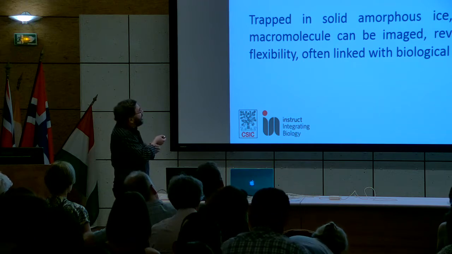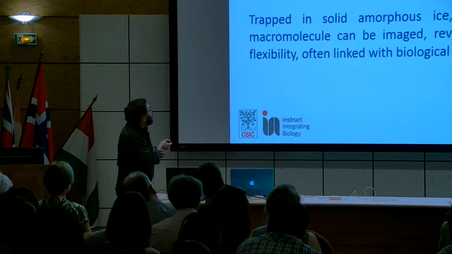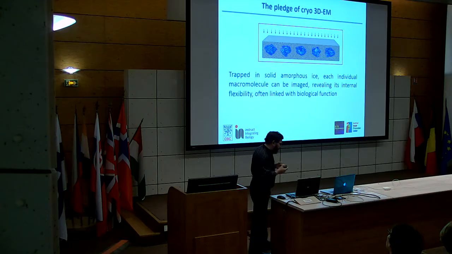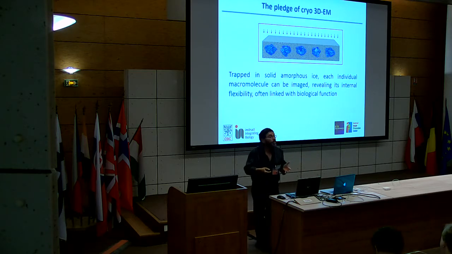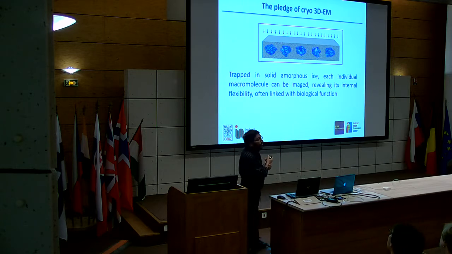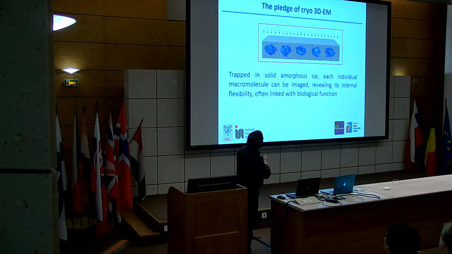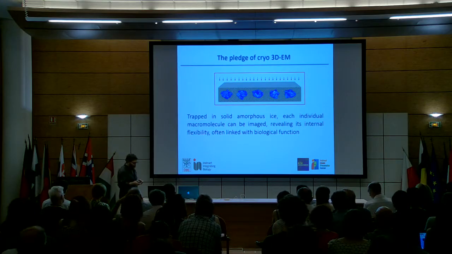So they are, in principle, in unknown relative orientation one to the other. And of course, since we are imaging each one of them, and EM is a technique in which we can really see each of the individual molecules, we can follow eventually motion. We can follow flexibility, and with other ways, we could start linking that with biological function.